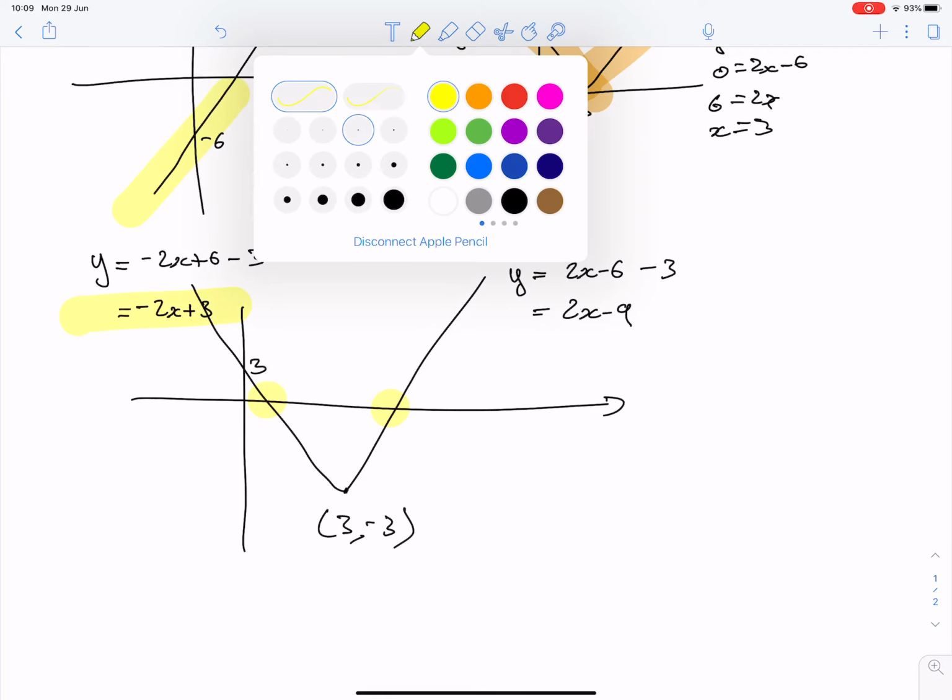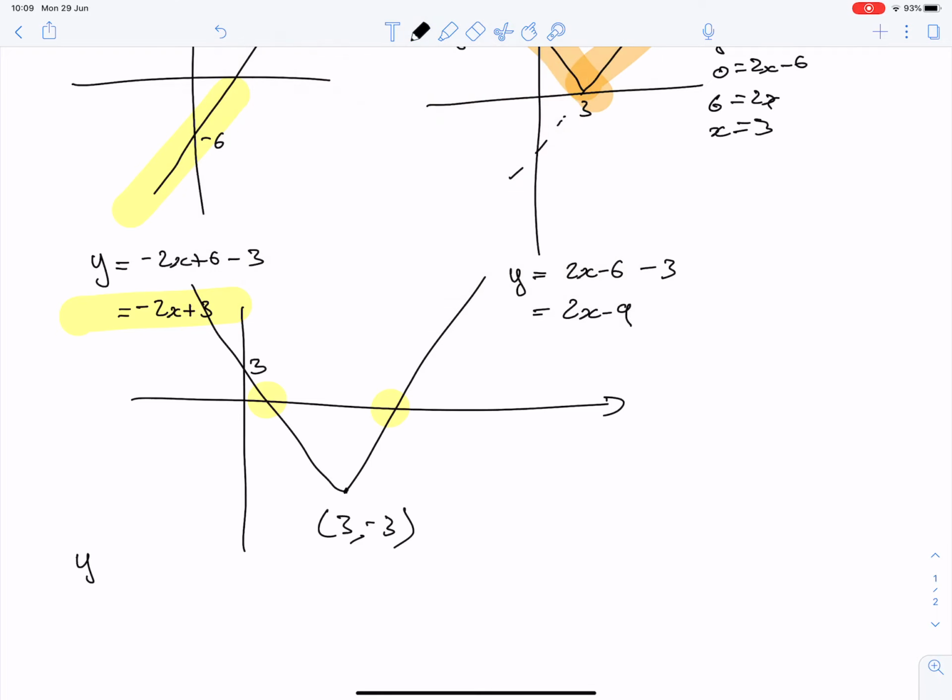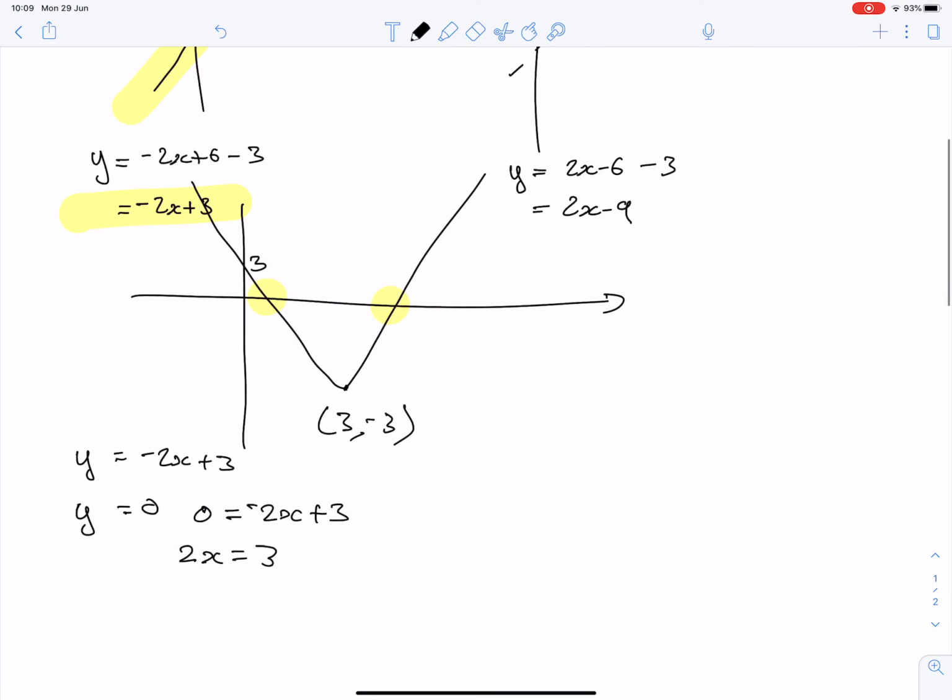When y equals 0, we've got 0 equals minus 2x plus 3, add the 2x across and divide by the 2, so x equals 3 over 2. So this point here is 3 over 2.